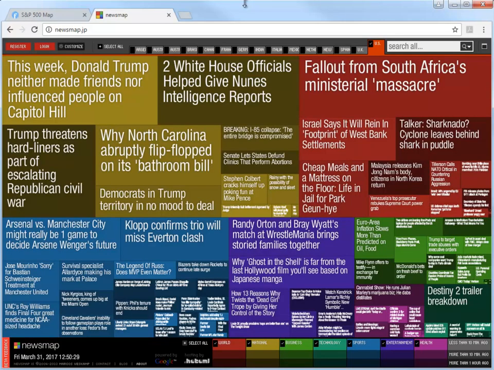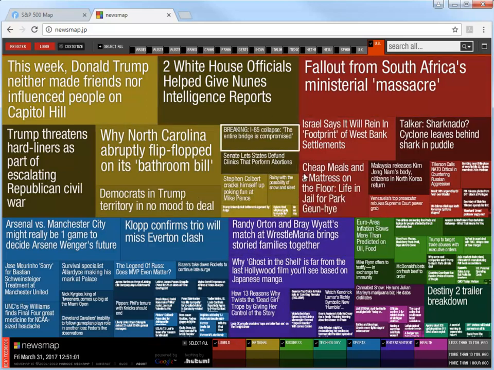So now let's take a look at the news map. The news map is the usage of a tree map for news. The way this is organized is the large squares are defined as topics. So we can see there's a lot of news, national news, that's the color encoding for this particular set of news stories.